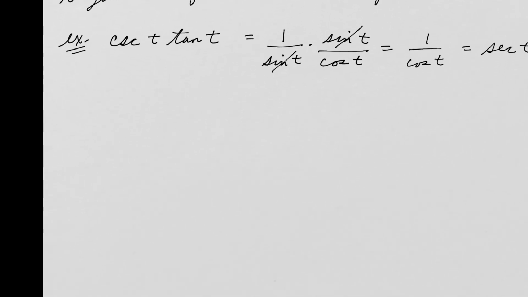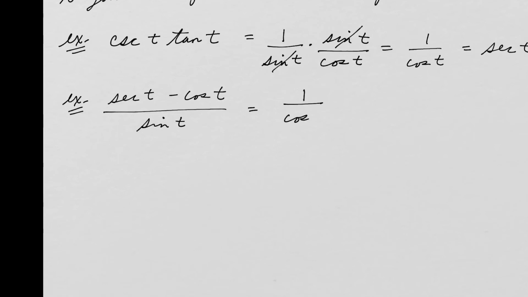Okay, here's another example. Let's say I start with secant of t minus cosine of t over sine of t. Again, I'm going to write everything in terms of sines and cosines. So secant of t is 1 over cosine, and everything else is already in terms of sines and cosines.